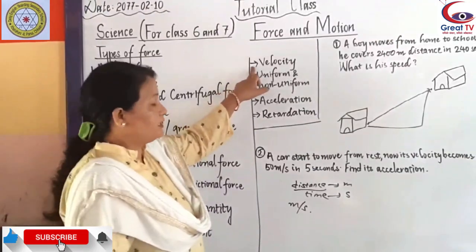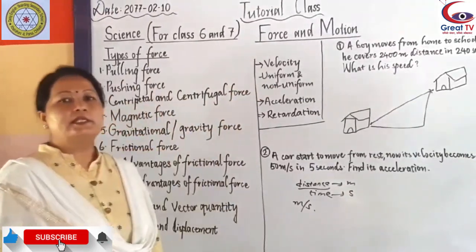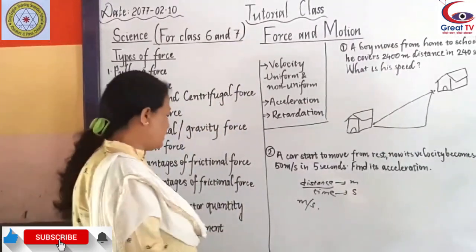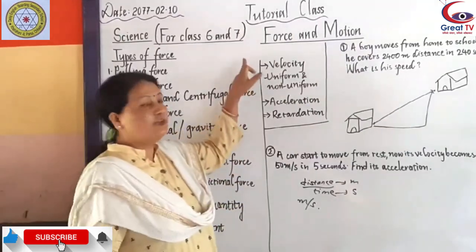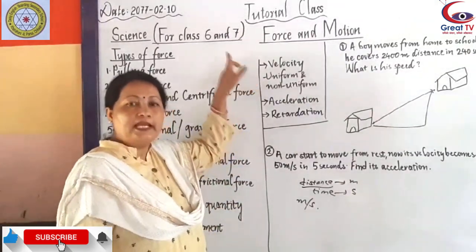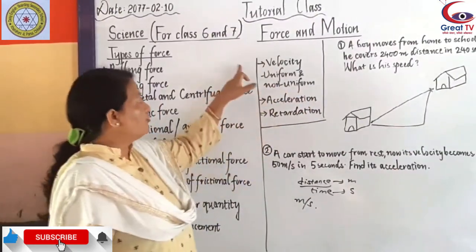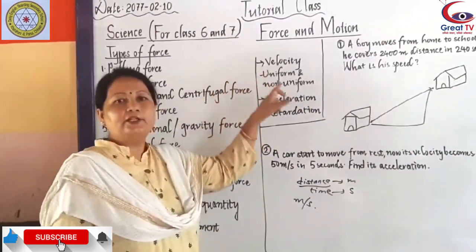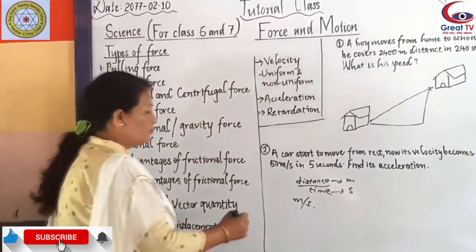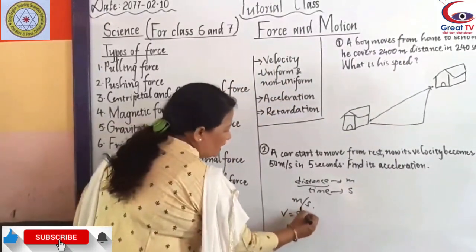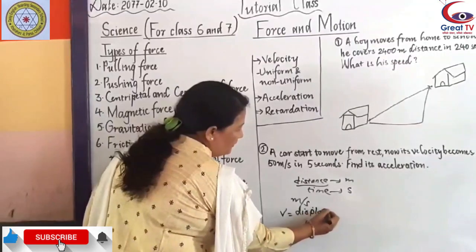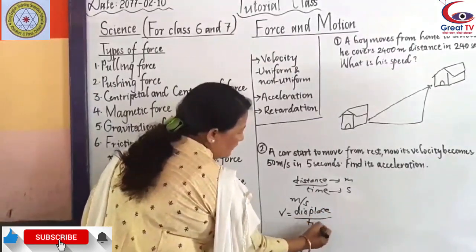Now, velocity. Velocity is the rate of change of displacement. Displacement means it has both magnitude and direction. So velocity is defined as the rate of change of displacement. Velocity is equal to displacement by time, since rate means divided by time.